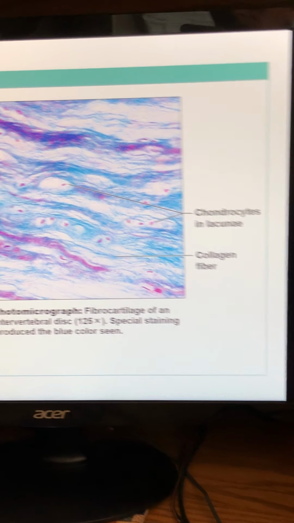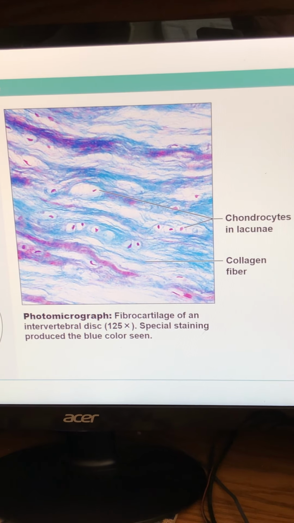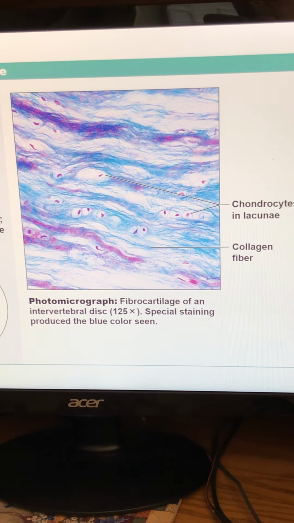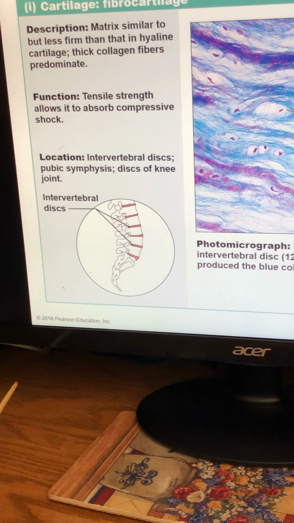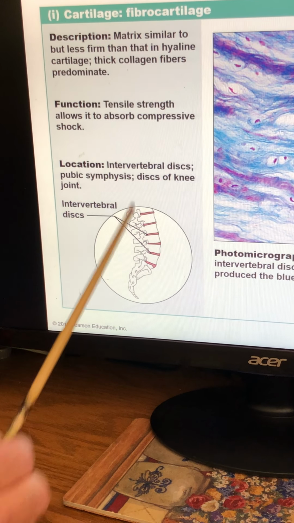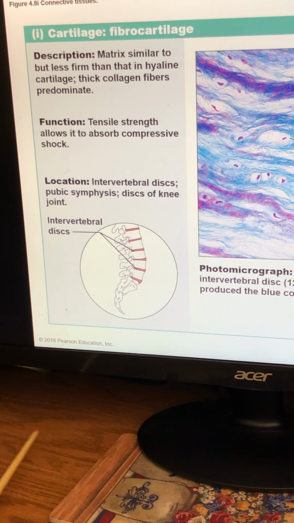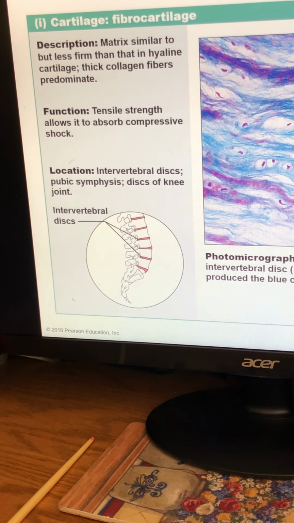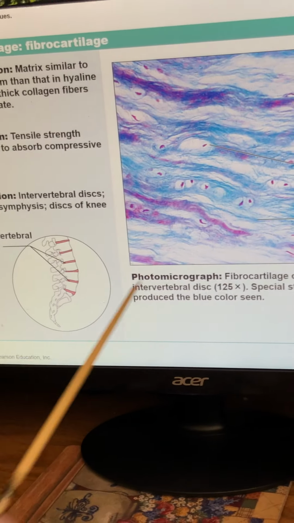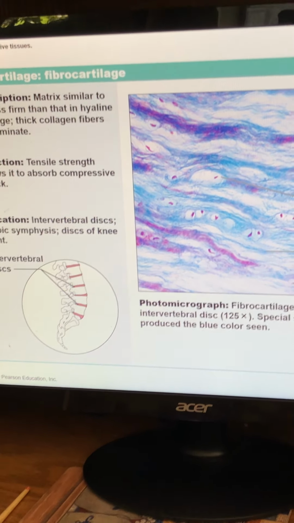So you're going to find it in places where you would have a lot of shock. One of those places would be the intervertebral discs between your vertebrae, and also the discs, or it's called the meniscus of your knee. So as your femur is sitting on your tibia, you're going to have a pad of this that's going to absorb the shock.